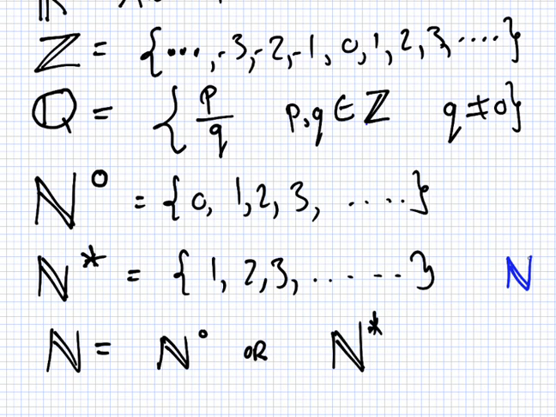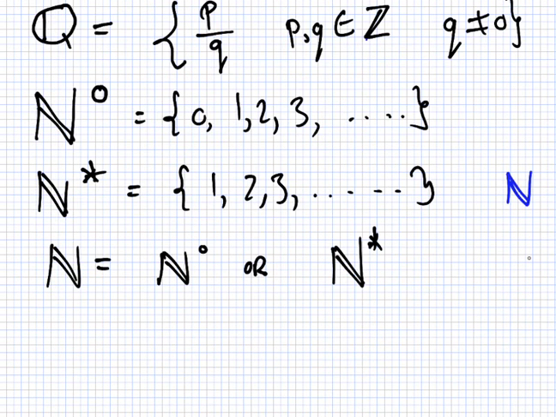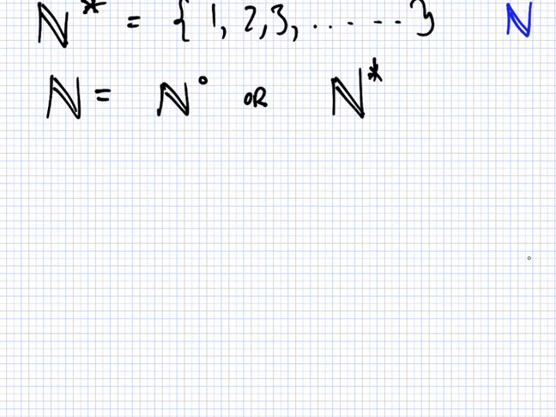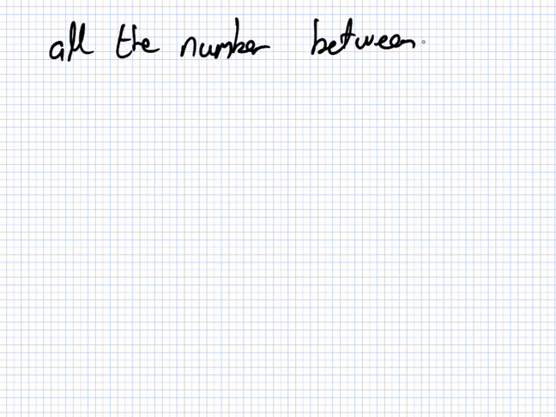Okay. Now, this isn't the only sets we have. These are just the ones which are common everywhere: real numbers, integers, rationals, and natural numbers. But sometimes we just want to include numbers between 2 points. Like for example, suppose I want all the numbers between, let's say, 6 and 7.